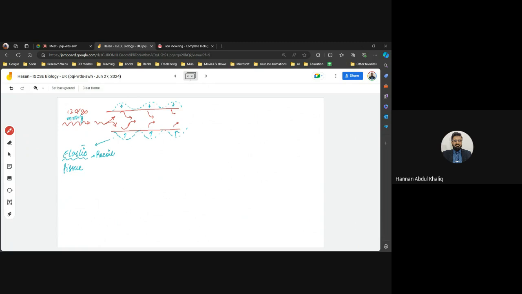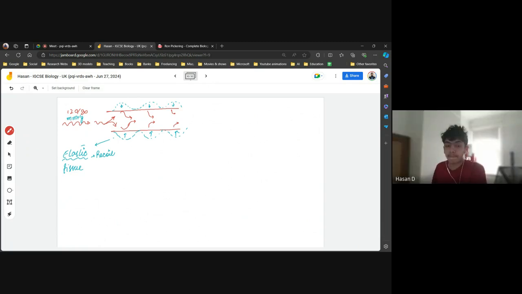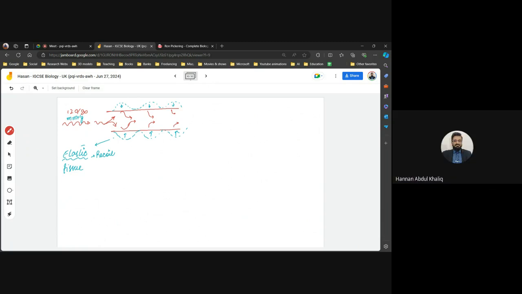So now you can easily see that this blood pressure would be maintained, and you must also know that when the heart beats or when the heart contracts, this terminology is called systole.